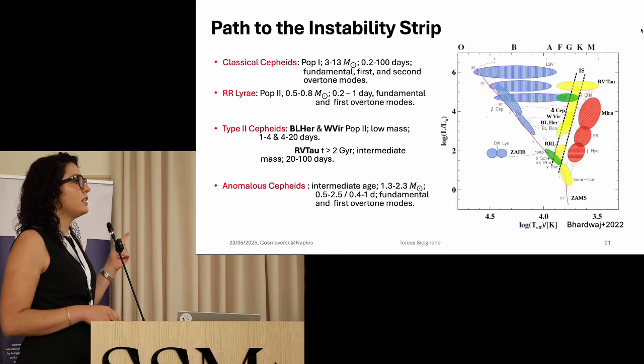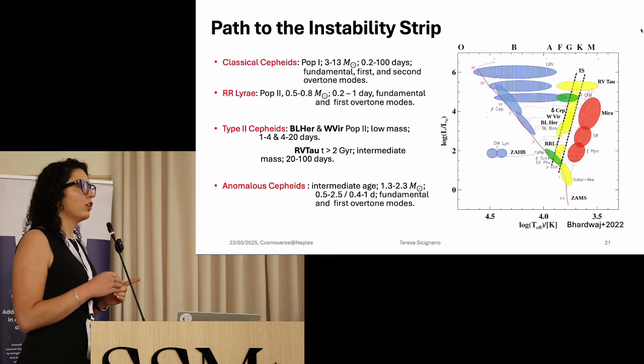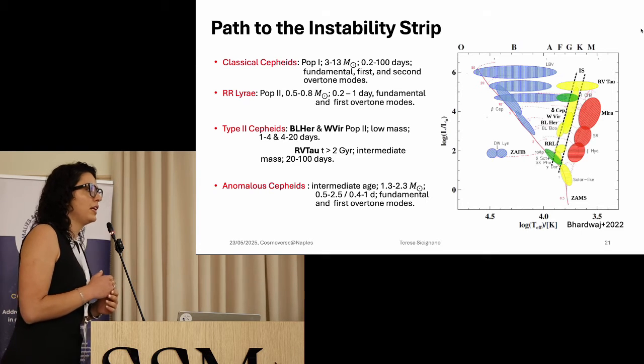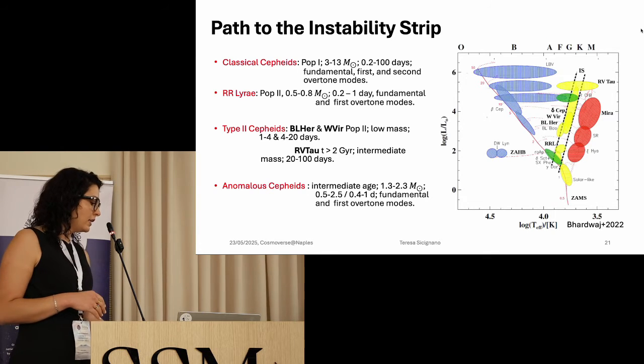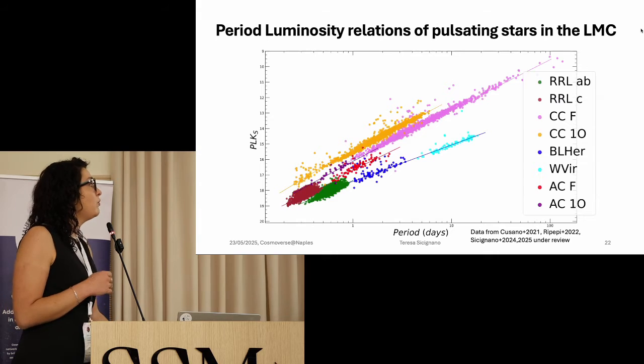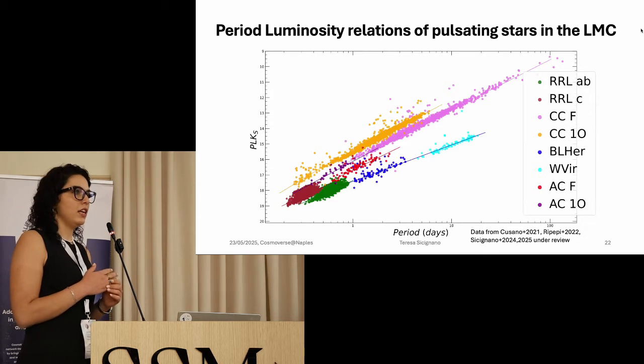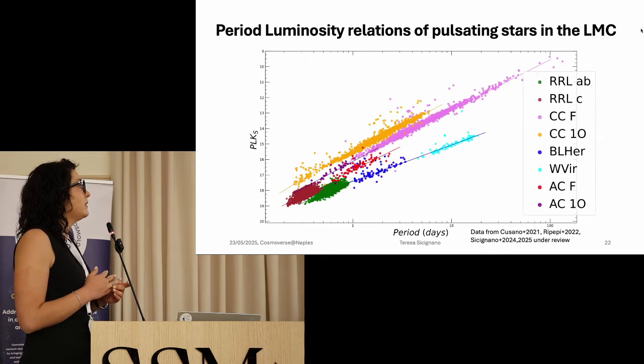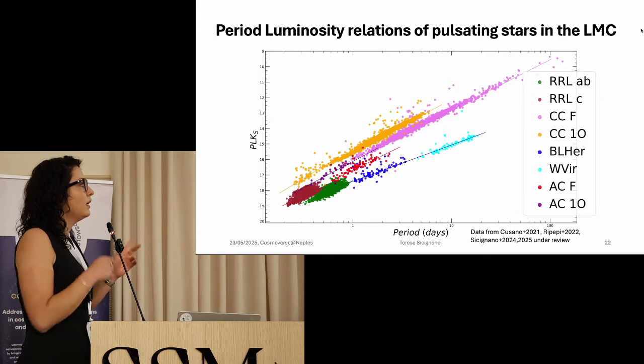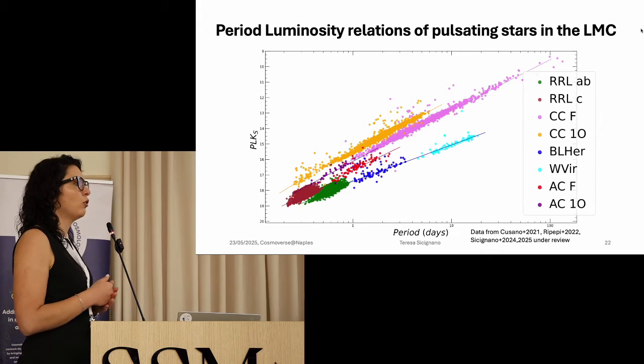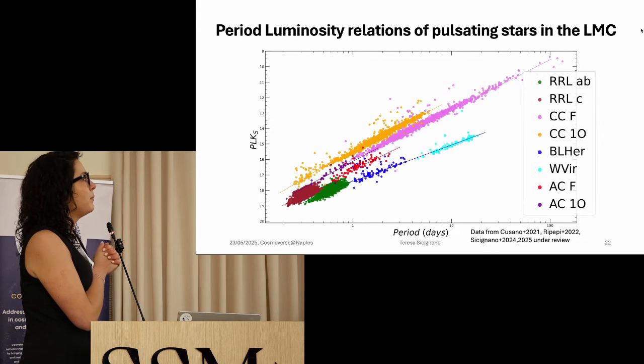Since these are different populations and cross the instability strip at different luminosity and different period, this means that they will follow different period luminosity relations. Indeed, here we can see that different pulsating stars follow different period luminosity relations.